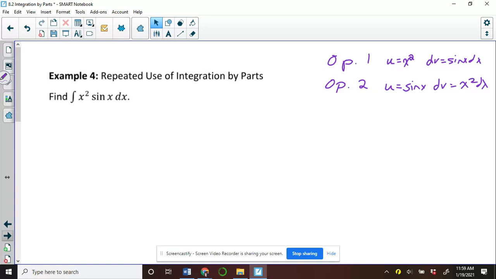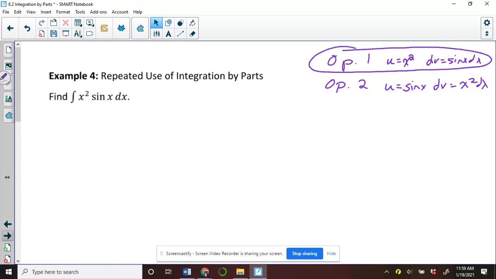In option 1, u would go to 2x dx when we took the derivative, and the integral piece isn't bad. But within the second option, the integral would actually increase, so that's not very helpful.